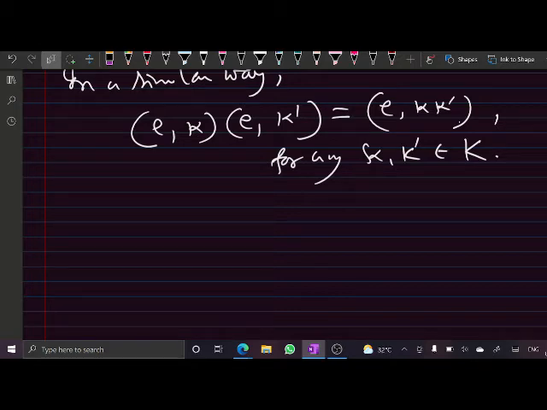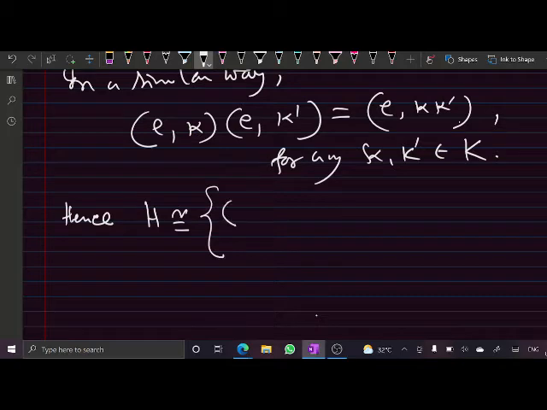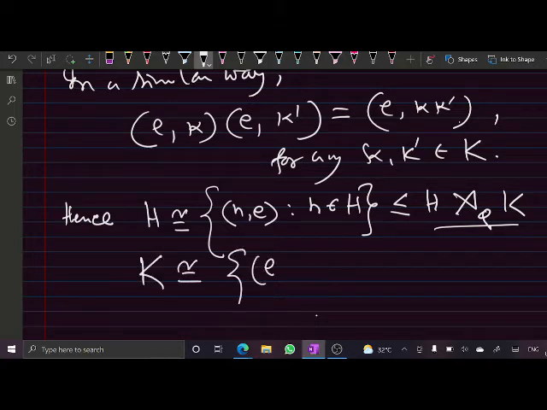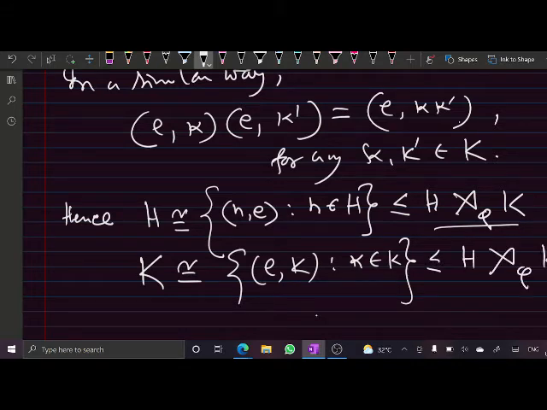Okay, and hence H is isomorphic to the copy of H, so this is a subgroup of H semi-direct product with K. In a similar way, K is isomorphic to the copy of K in H semi-direct product with K. So this is a subgroup of this one.